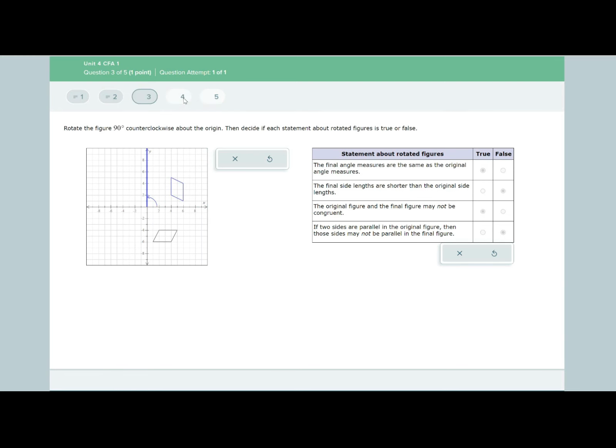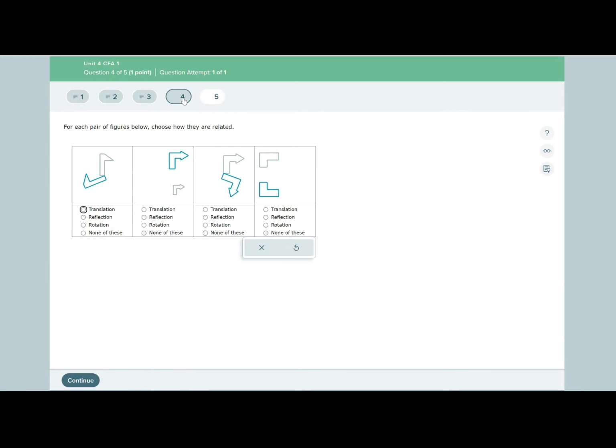Alright, so number 4. For each pair of figures below, choose how they are related. So the first one, you see that this one looks like spinning from blue to gray. You're going to spin it upward or spin it clockwise.